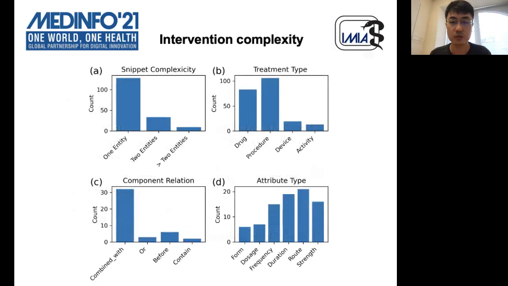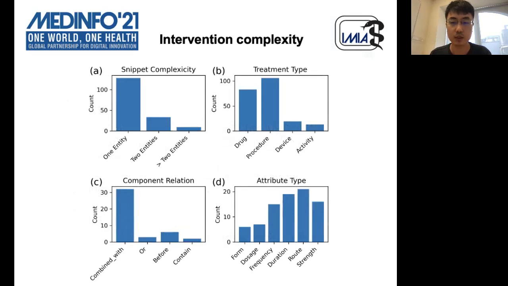Here, the figure shows the overall intervention complexity of the evaluation intervention snippets. Of the 170 interventions, around 75% contain only one entity, and drug and procedure dominate in the types of treatment entities.